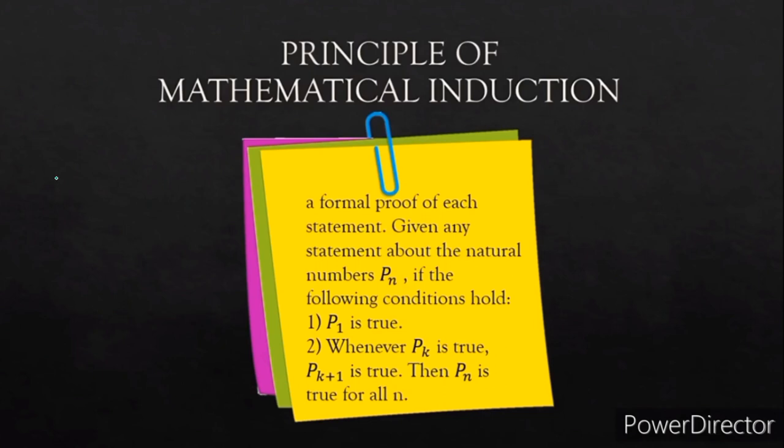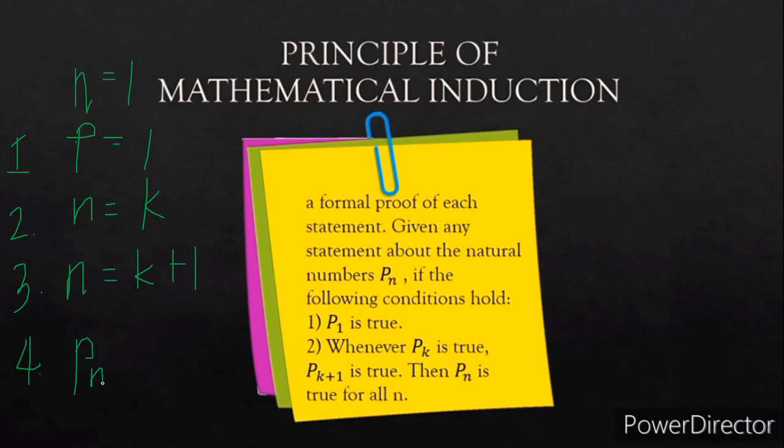Ibig sabihin, apat yung susundan natin dito. The first step is your P is equal to 1, or your n is equal to 1. Then number 2, your n should be equal to k. Your 3 naman is equal to k plus 1. Then the fourth one, dapat yung P sub n mo, sabihin mo lang dun na true kapag na-prove mo na.